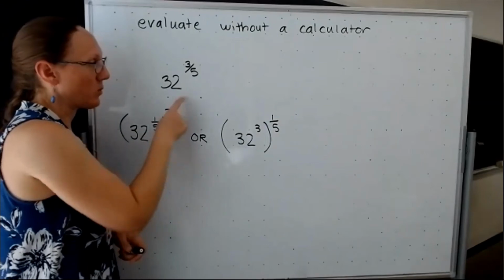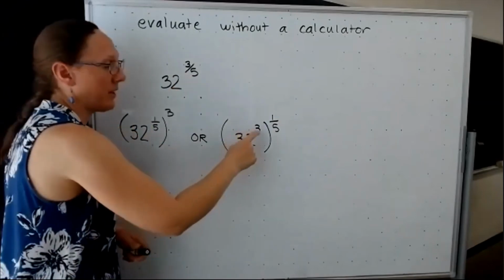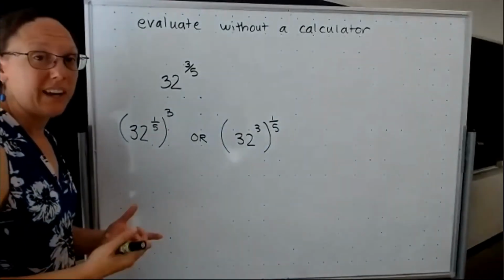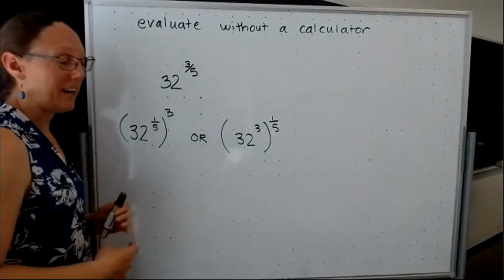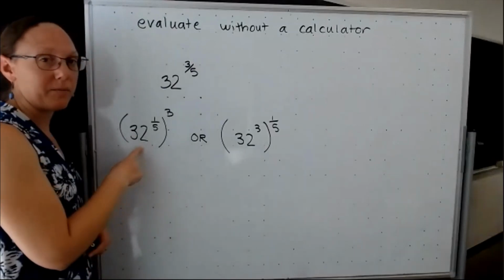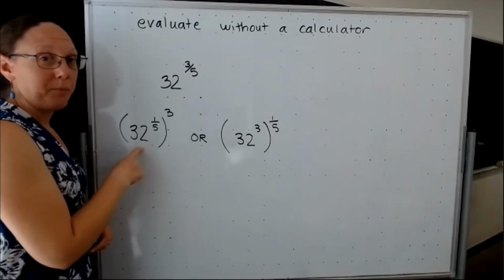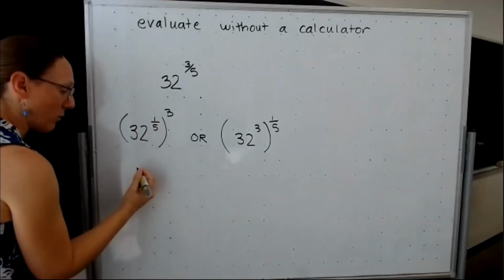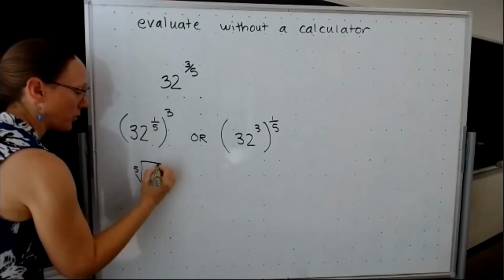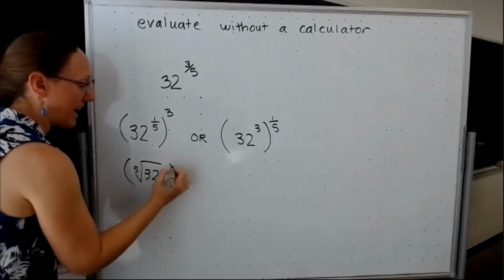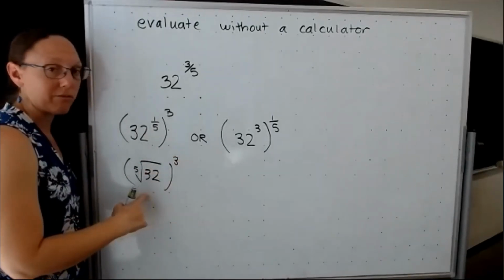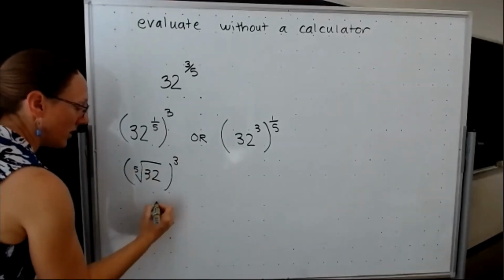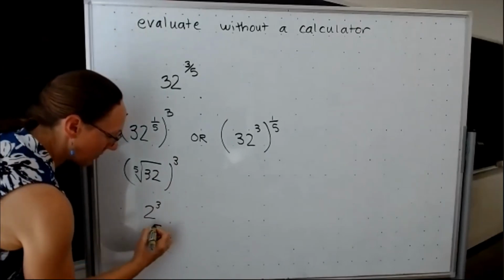So 1/5 times 3 would give me that 3/5 back, and 3 times 1/5 would also give me the 3/5 back. Now, if I have to do this without a calculator, this is the version I want. Because taking the 1/5 power means I'm looking for the 5th root of 32. And that's going to make my number smaller first, because the 5th root of 32 is 2, and I can do 2 cubed.